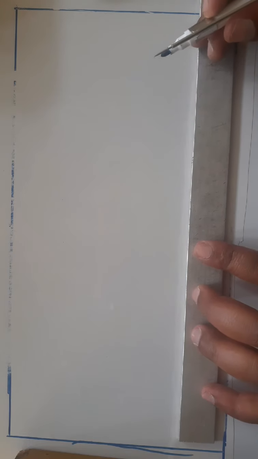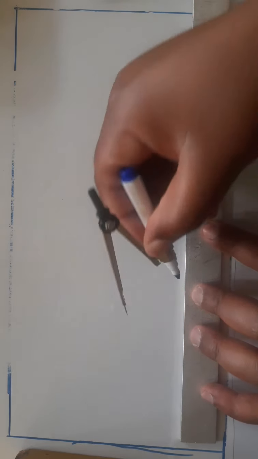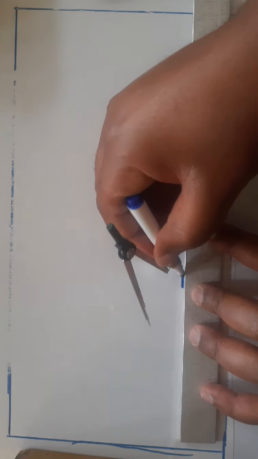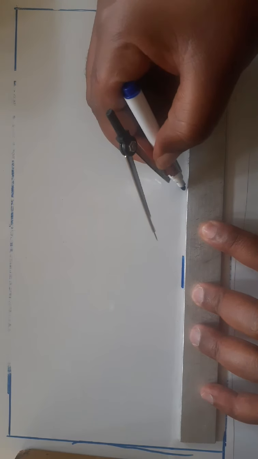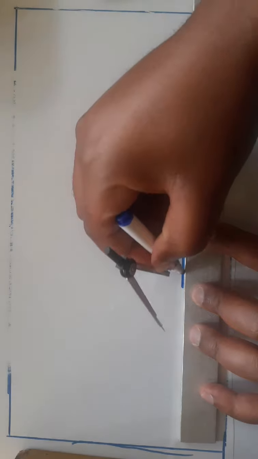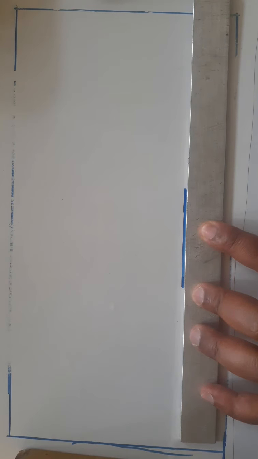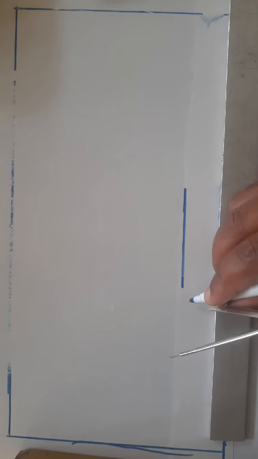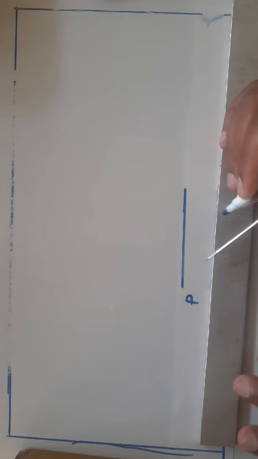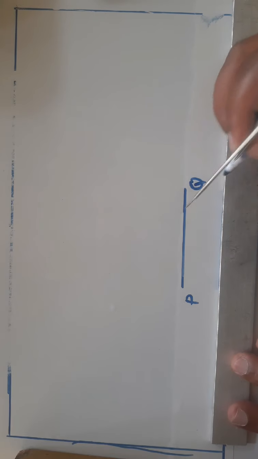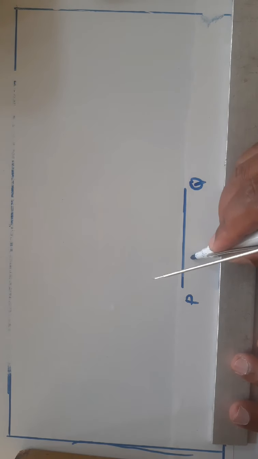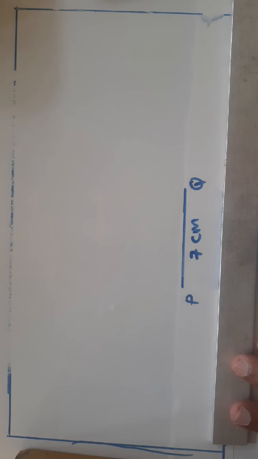I'll measure my 7. Of course, I'm using this so that it's visible for you people. In an exam, you're supposed to use a pencil. So you're going to say this is your point P, and this is your point Q, and this is 7 centimeters.